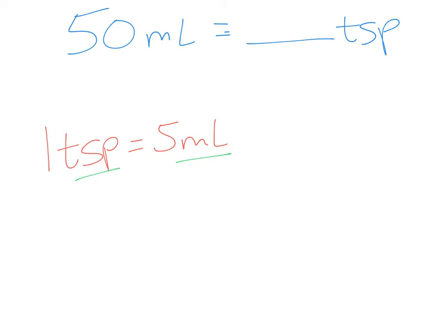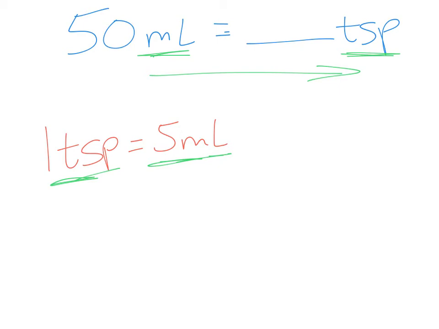This question is asking me to convert from milliliters to teaspoons, the opposite of the previous question. Milliliters must be smaller than teaspoons, because 5 of them fit in 1 teaspoon. So milliliters are my smaller unit.